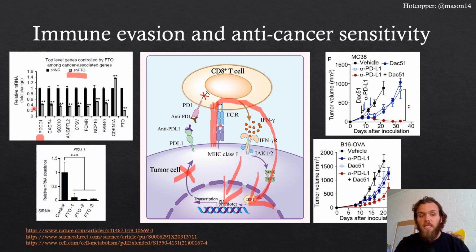But what's important, particularly in the context of synergy with an anti-PDL1 or PD1 therapy and an FTO inhibitor, is you can see that there is still some expression. Okay, so there is still some PDL1 being expressed up onto the surface of that tumor cell.